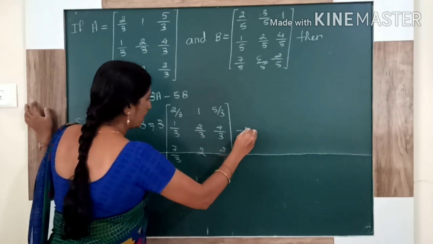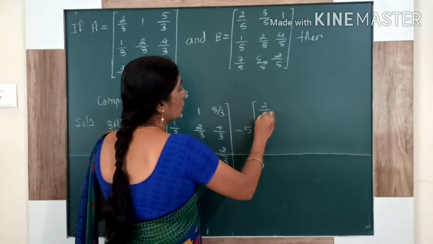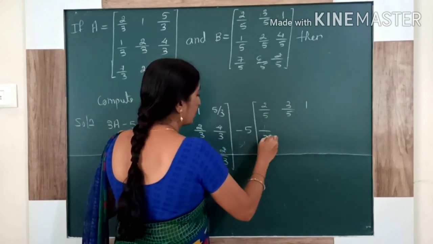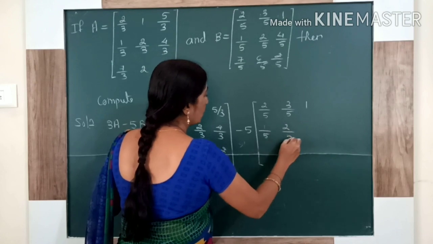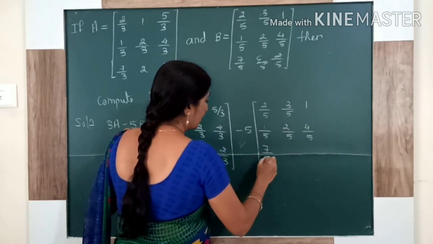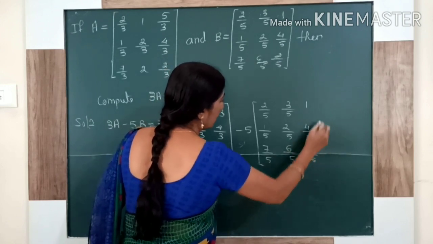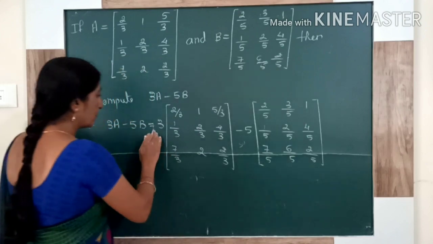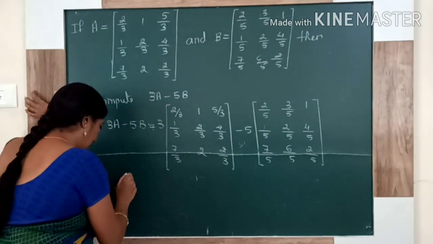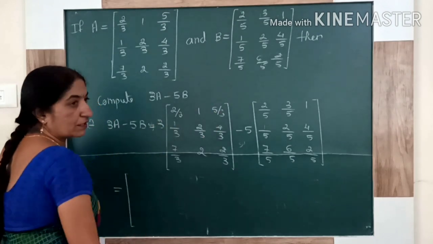After that minus 5 I keep as it is, then B: [2/5, 3/5, 1; 1/5, 2/5, 4/5; 7/5, 6/5, 2/5]. Now take 3 inside, that is scalar multiplication. For scalar multiplication, you know, each number is multiplied with 3.